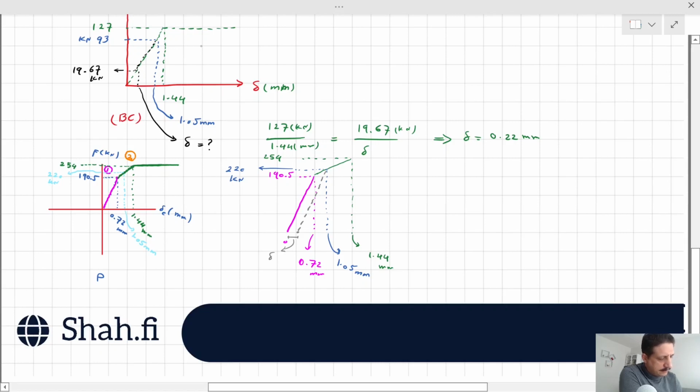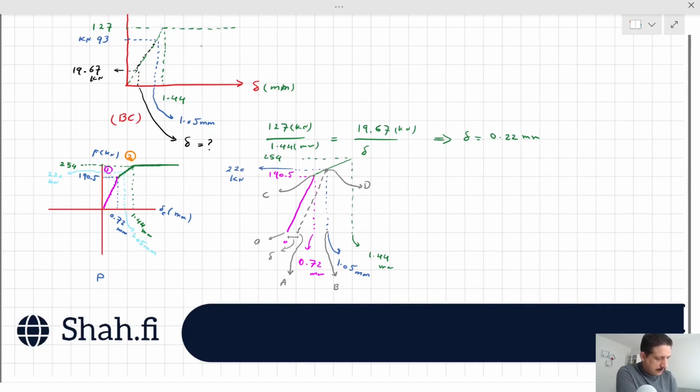For calculation of this delta, I can say that this is point O, this is point A, here is point B, point C and point D. So BD divided by AB is parallel to OC.